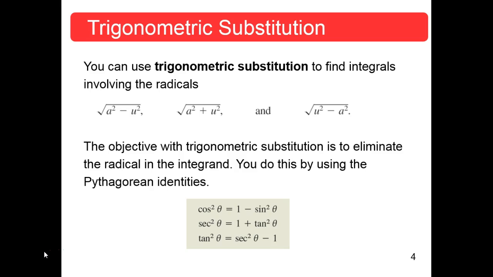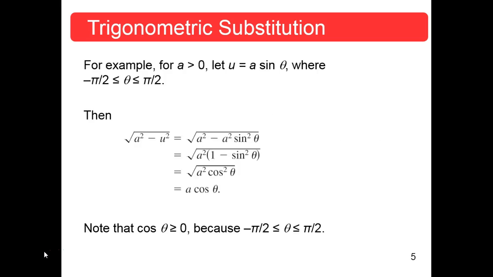Now, but that's not all. Well, okay. For example, for a positive, which is usually a pretty good thing to have, let u equal a sine theta. Remember, the a is this form here. This is the form we're going to do our sine substitution in.